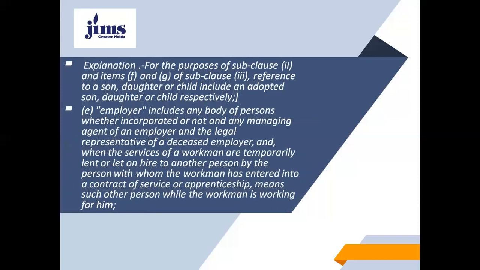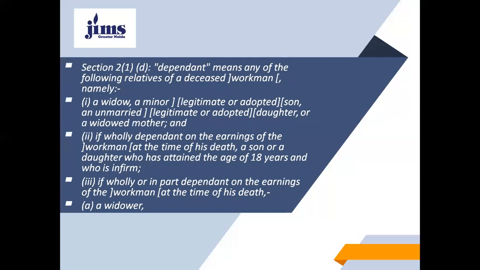And here one explanation is also given. For the purpose of subclause second, as I told you, if wholly dependent on the earnings of the workman at the time of death, a son or a daughter who has attained the age of 18 years and who is infirm.